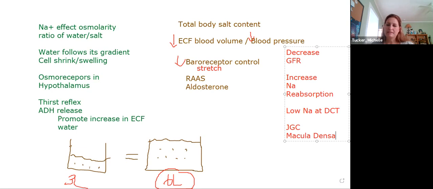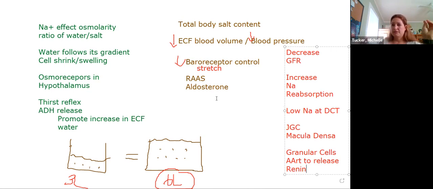So then it tells the granular cells of the afferent arteriole to release renin. Renin then is going to take angiotensinogen to make angiotensin 1. It sends that to the lungs to become angiotensin 2.